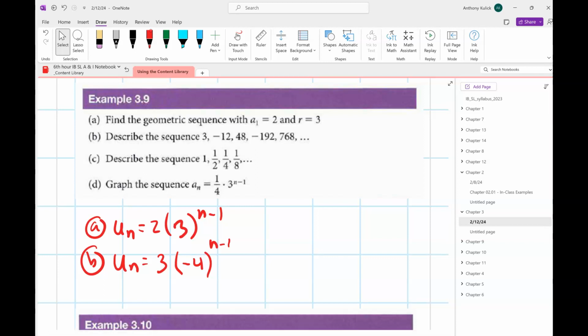I don't know if they're looking for words or symbols. I didn't look at it very closely how they answered it. If I look at the next sequence, what do we see going on there? Yeah, so the first term is 1, the r is 1/2. Now notice that since that first term is just 1, we could do this, right?